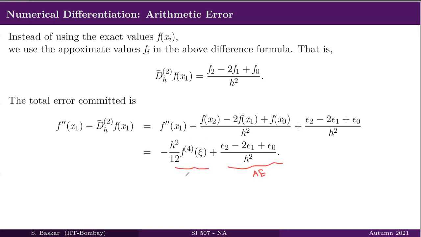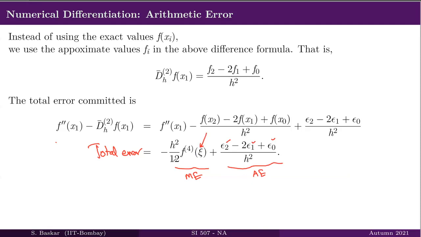So that is finally the total error involved in this computation. If you are given epsilon 0, epsilon 1 and epsilon 2, then you can explicitly find the arithmetic error. However, the mathematical error may not be obtained explicitly because of the presence of this unknown parameter psi.